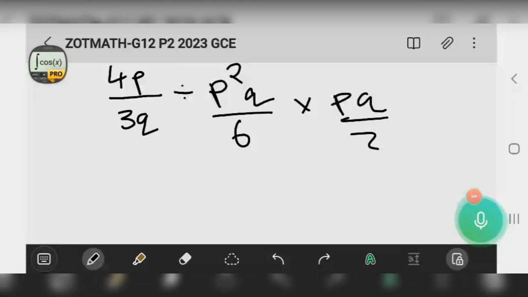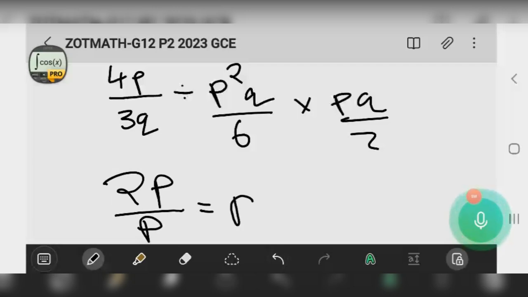So now, if you say 2p over p, what is the answer? I'm not sure.